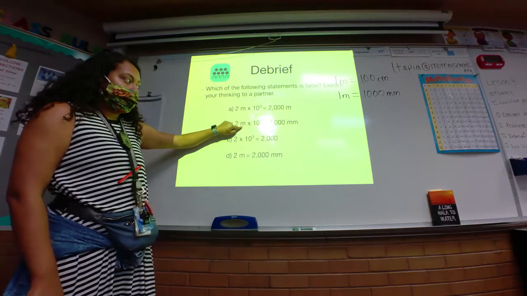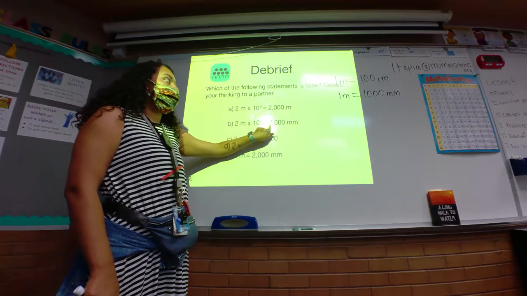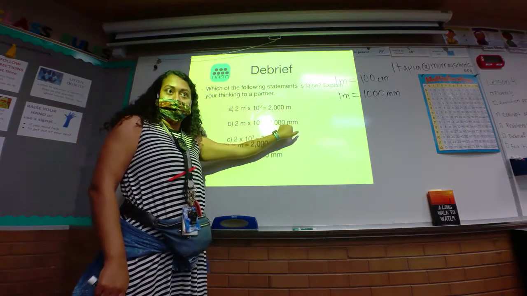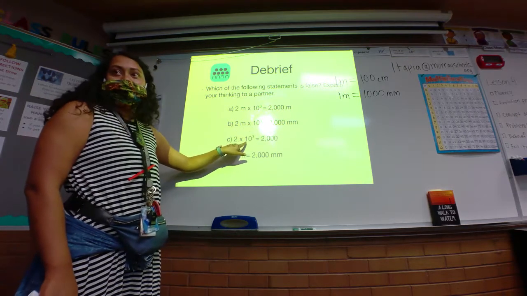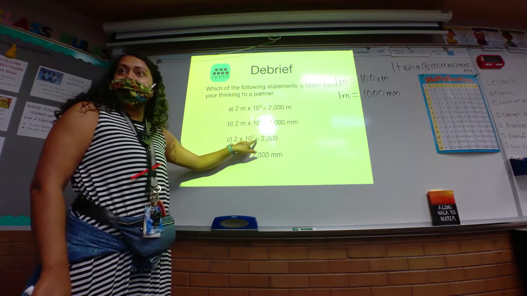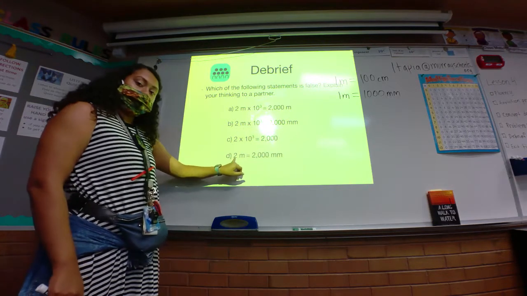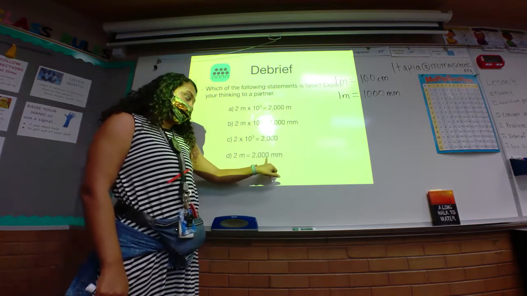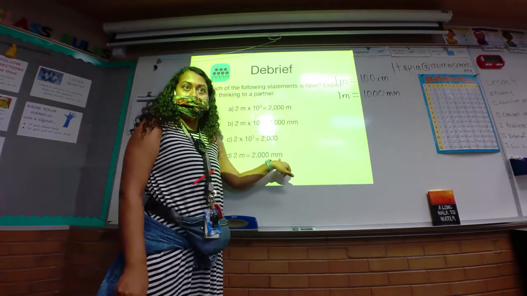B: 2 meters times 10 to the power of 3 equals 2,000 millimeters. C: 2 times 10 to the power of 3 equals 2,000. D: 2 meters equals 2,000 millimeters.